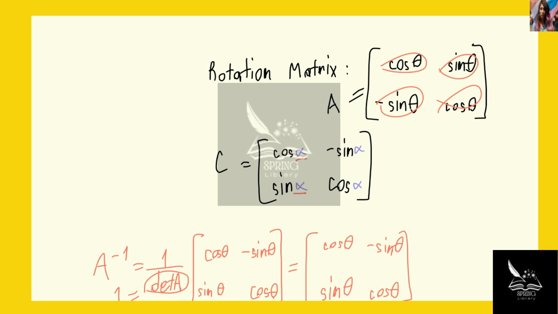So because this C represents a rotation in the plane through an angle of alpha, and cosine of negative theta is equal to cosine of theta, and sine of negative theta is negative sine of theta, A is just C with alpha being negative theta. So here if we have the negative theta, that would be this negative sine of theta, and this would also be flipped.